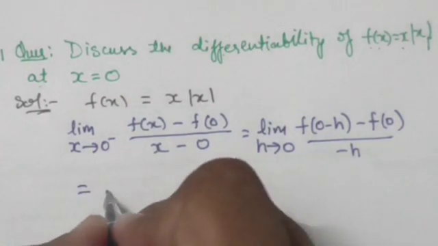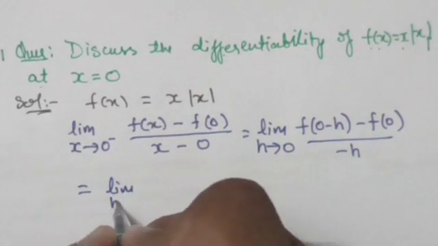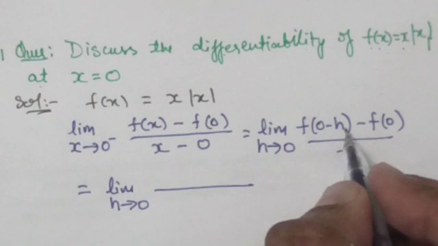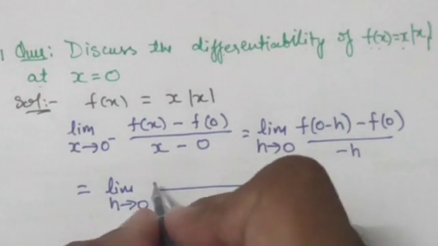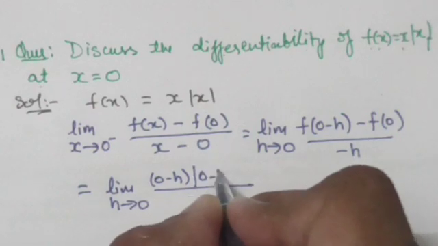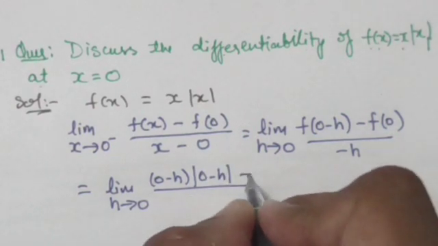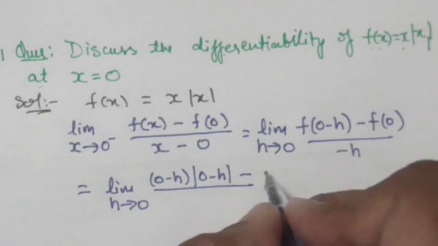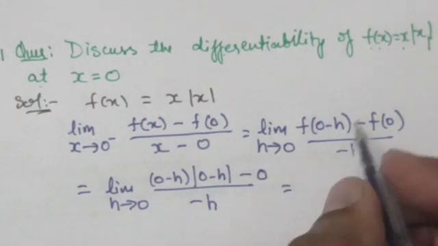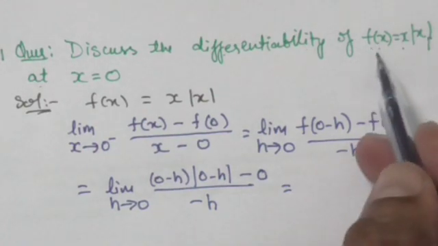So it will be equal to limit h tends to 0, f(0 minus h), right? It will be (0 minus h) into mod (0 minus h) minus f(0) upon minus h. You can see the definition of function f(x).